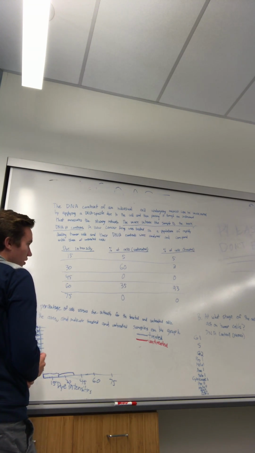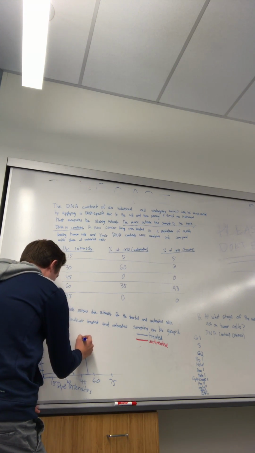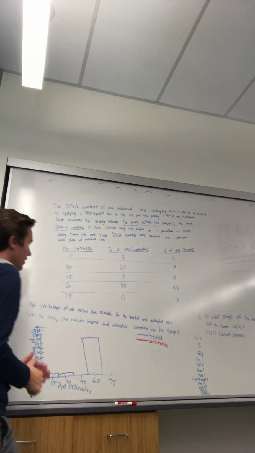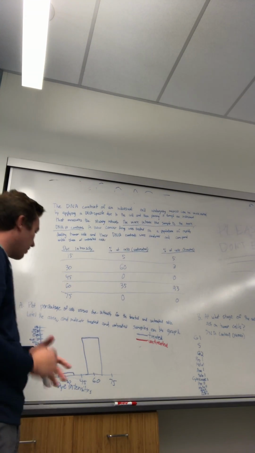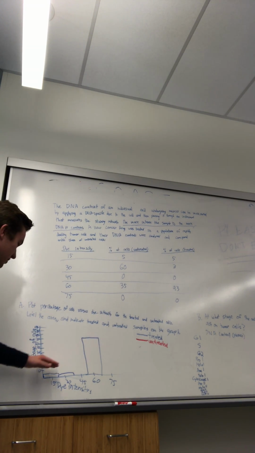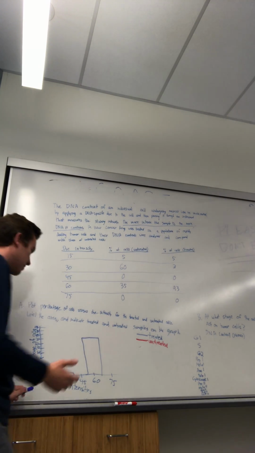Dye intensity 60, there's 93%. And dye intensity 75, there's 0%. I just did a bar graph because it would be weird with a line, since there's pretty much 0 here, and then it shows 93% in that area.